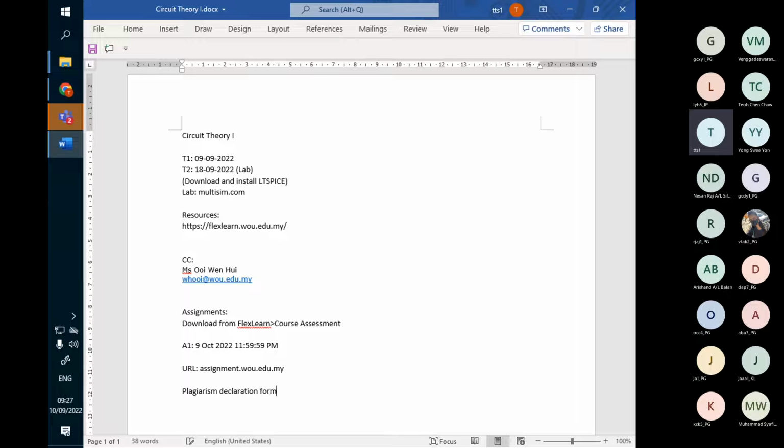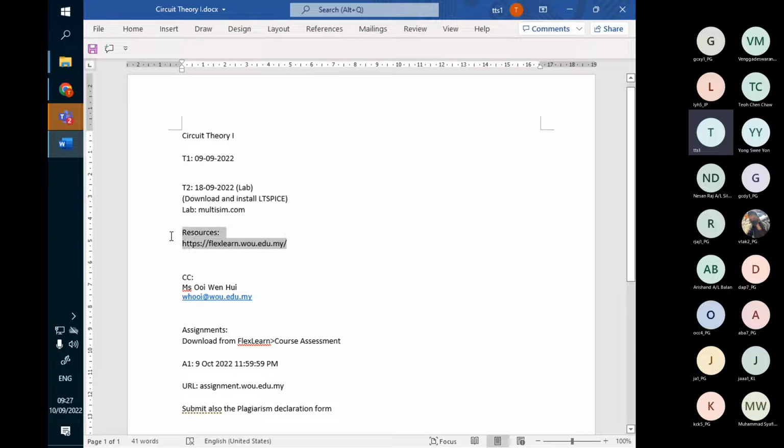Okay, I think this is about all. I think we are about to start the class. Let me go through it one more time. First is the date and installing software for the next lab session.